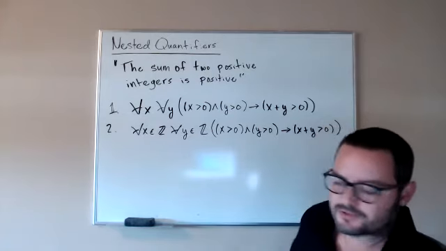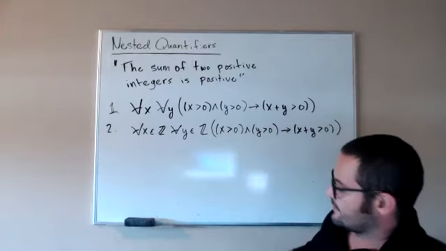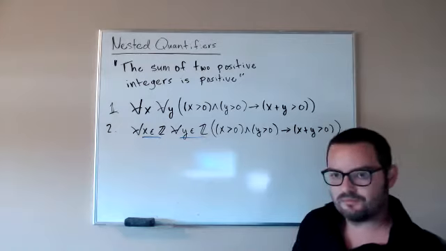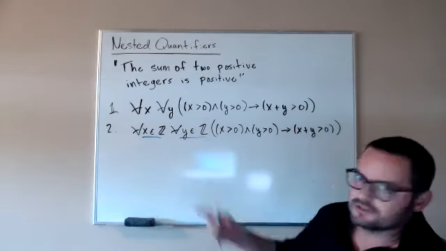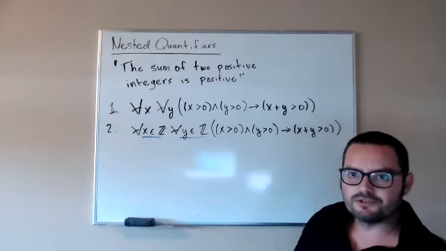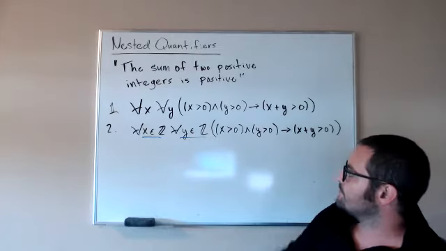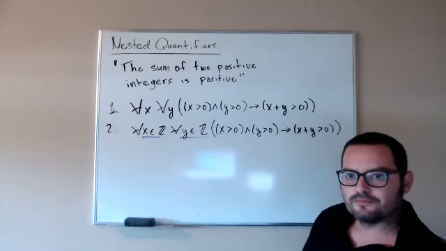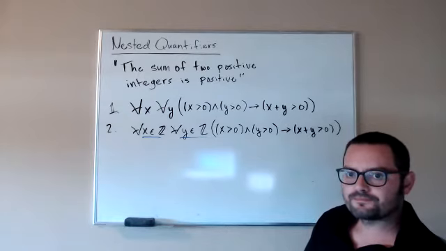The only difference between the first one and the second one is that we specify the domain explicitly, so that the reader would know that x and y both belong to the integers.